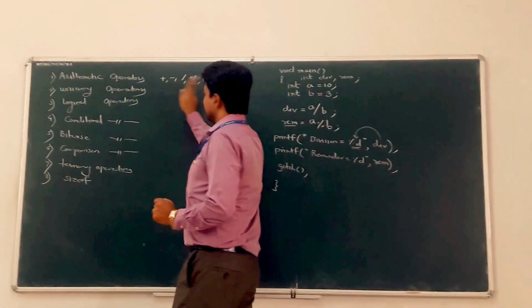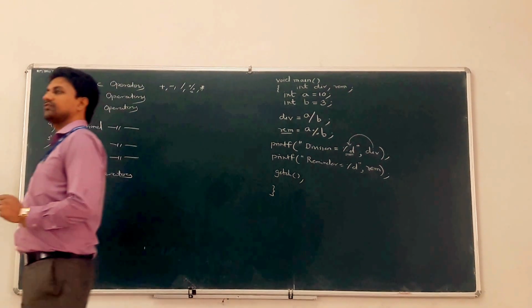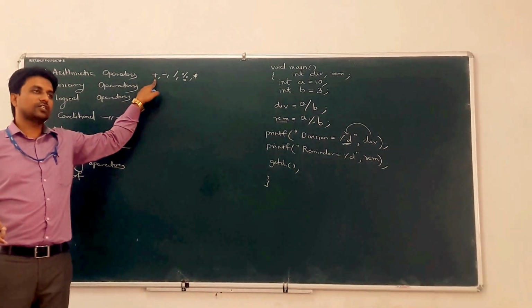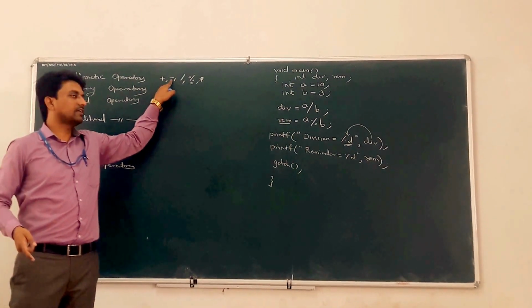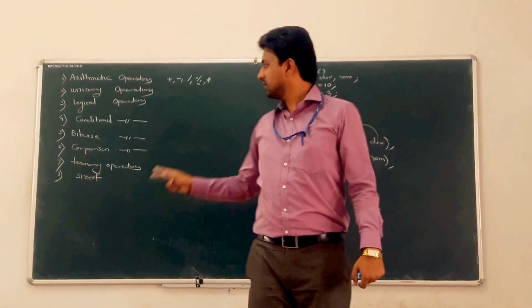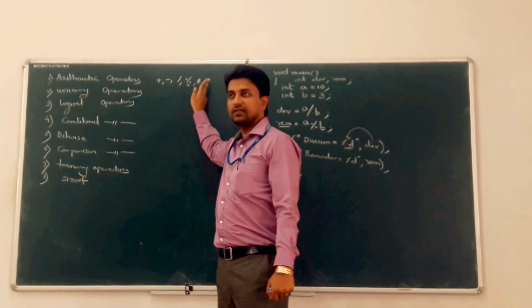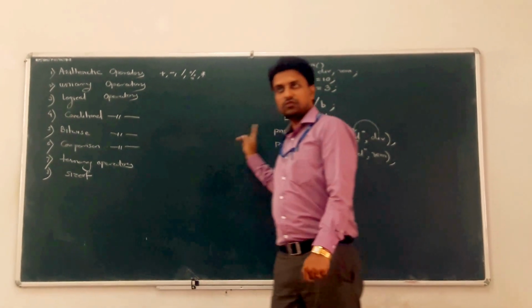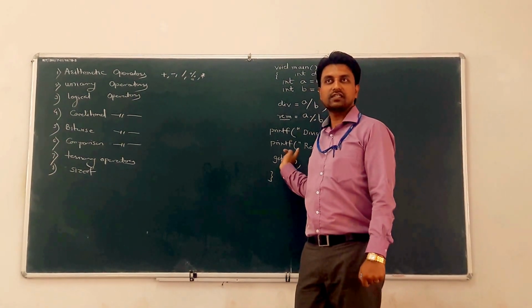All the others are the same: multiply is used for multiplication of two operands, addition for addition of two operands, and the subtraction operator. These are easy to understand. Only two are different, division and mod operator. So understand the difference between them.